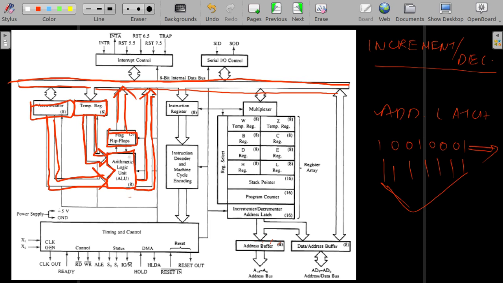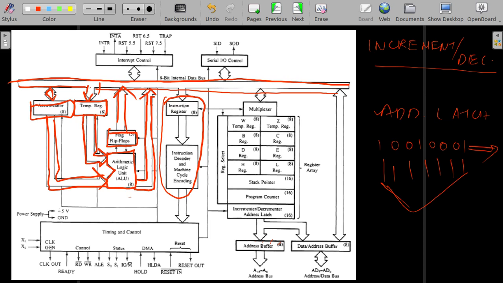Once we have done that, we have the instruction register area. We have the instruction register area, that is one. Remember which are bidirectional connections and which are unidirectional connections.